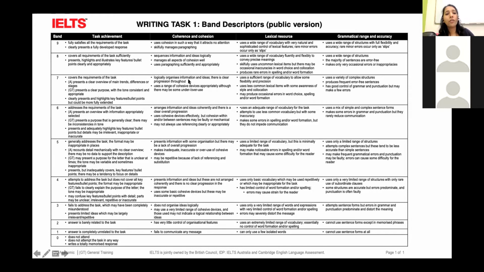For you to get your coherence and cohesion points, coherence means how clear you are in presenting your ideas. While you're writing, your paragraphing is very important. Your letter should contain at least 1 or 2 or 3 body paragraphs depending on the letter and the content.